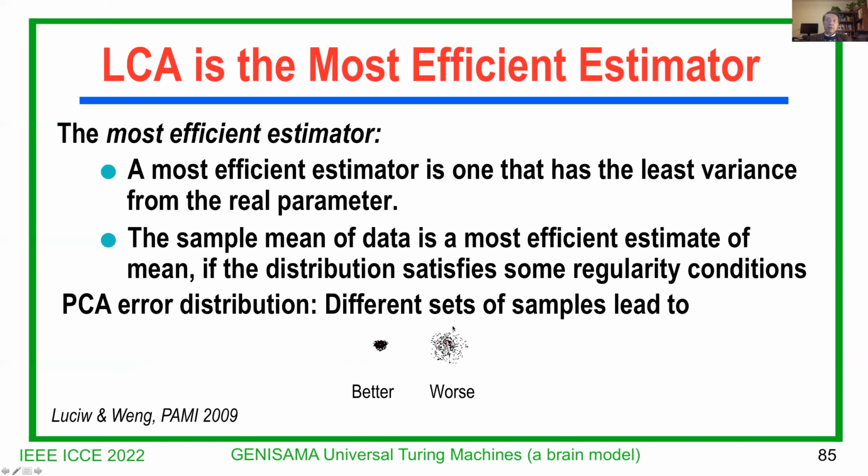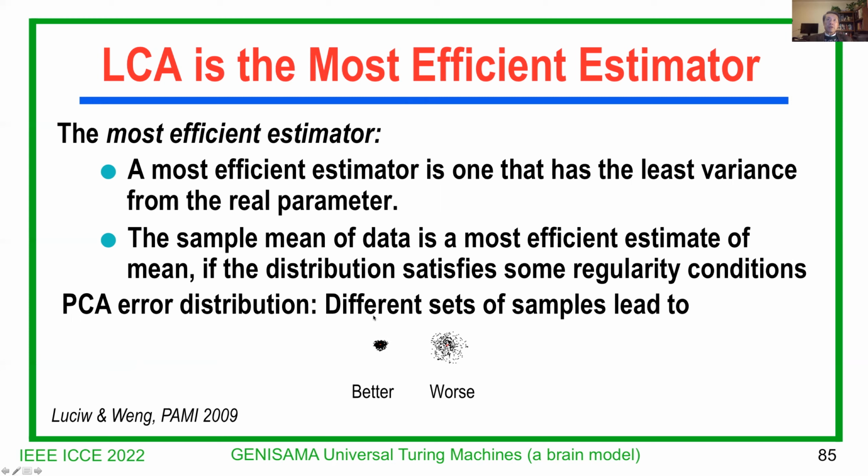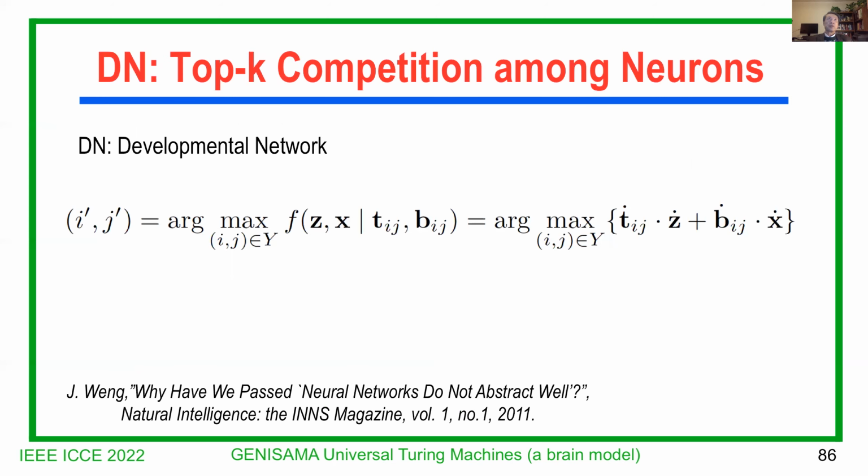But if I don't have optimality, then I will jitter a lot more, and the error is a lot more once the sample comes in. And the most efficient means this variance is the minimal, the least possible in theory.